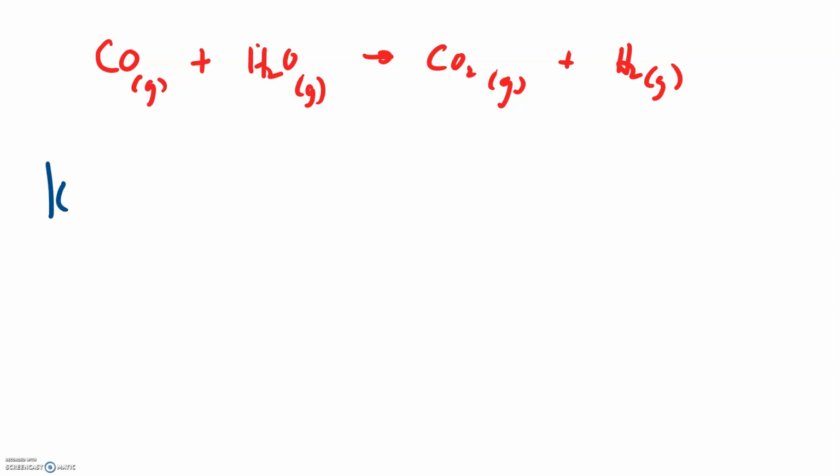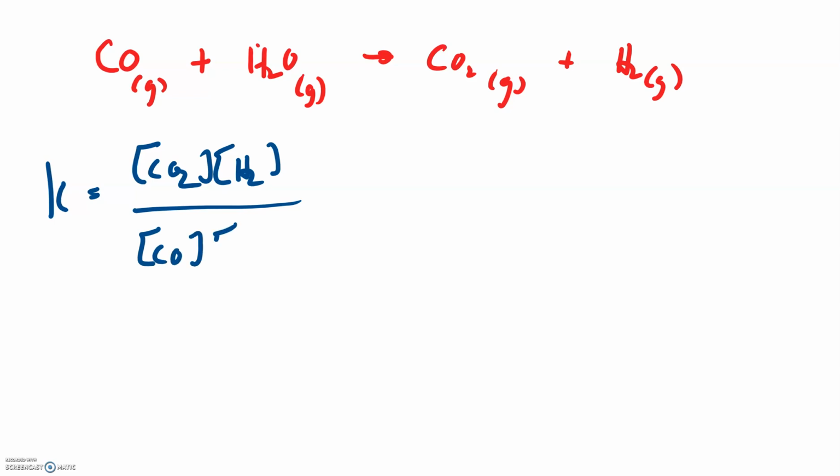Let's say that we know that K is the concentration of CO2 times the concentration of H2 over the concentration of carbon monoxide times the concentration of water vapor. And let's say that we already know that this value is 5.1.